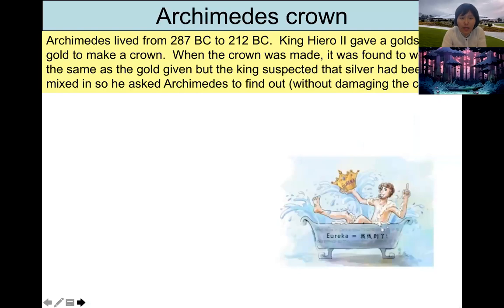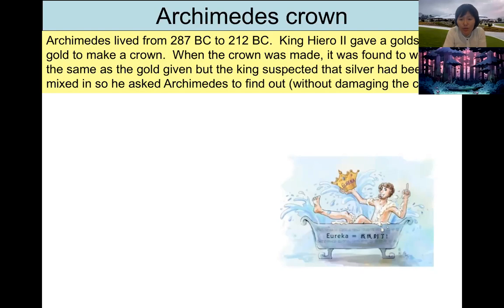Speaking of how this principle was discovered, there is a very nice story saying that back in Archimedes' age, the king gave a goldsmith some gold to make a crown. By the time the crown was made, the king suspected maybe some silver was mixed in.